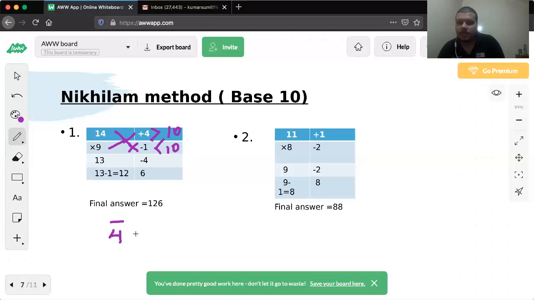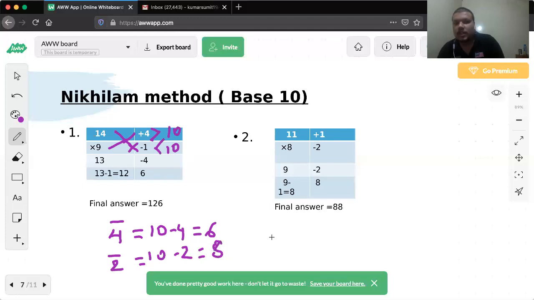It is called complement. Now, here the base or the Nikhilam is 10. So what we do is 10 minus 4 equal to 6. That is 4 bar. If the base is 100, using this same technique we can do 2 bar is equal to 10 minus 2 is equal to 8.